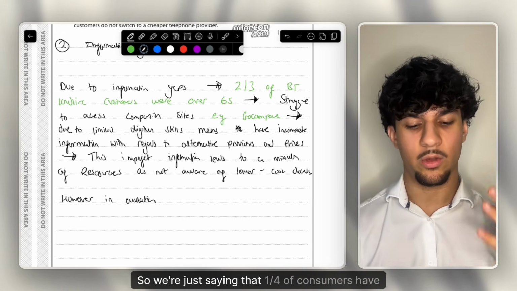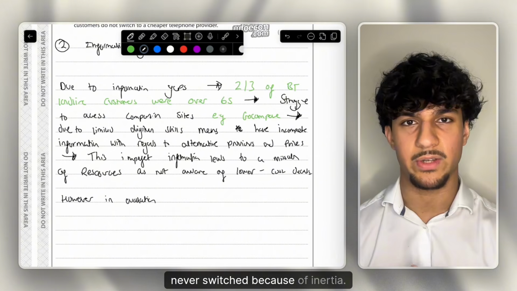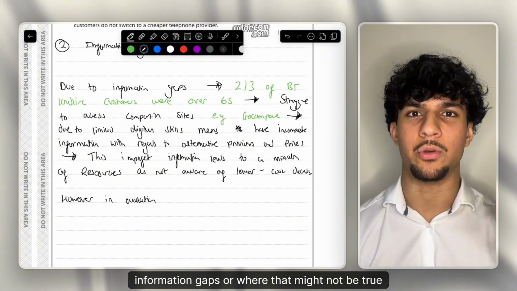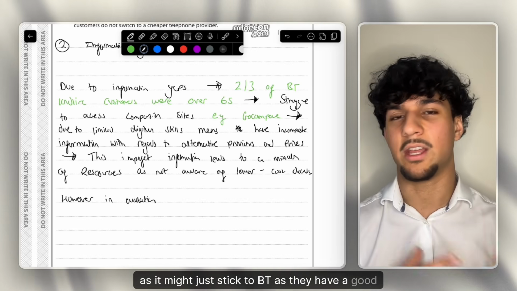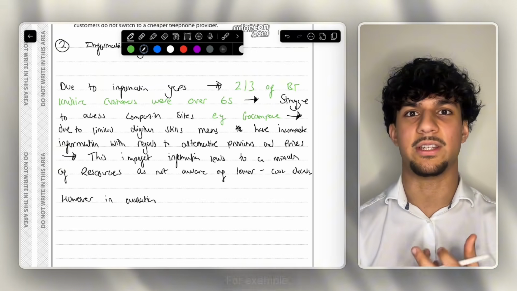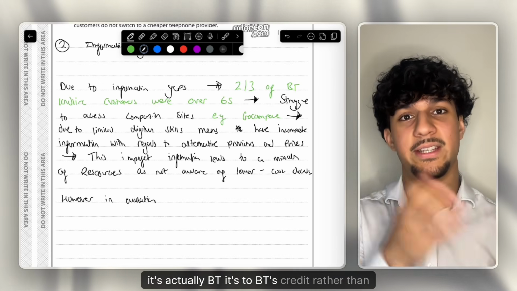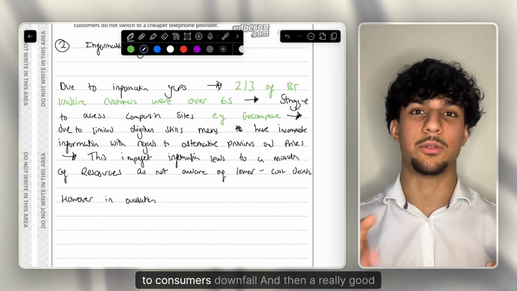So we're just saying that 1/4 of consumers have never switched because of inertia or due to information gaps, whereas that might not be true, as they might just stick to BT as they have a good reputation. They like BT, for example, its good customer service. So you could argue that it's actually to BT's credit rather than to consumers' downfall.